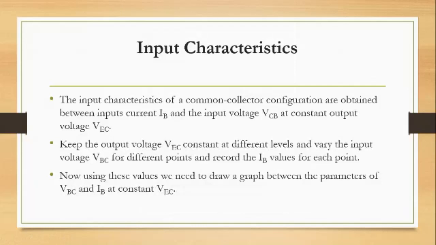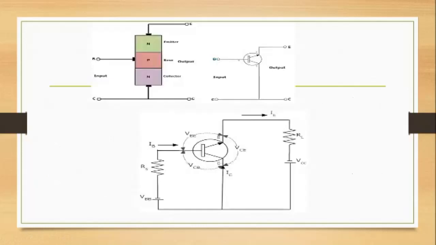IB and VCB: these two values are varied. Vary VCB and note down the IB current. For getting input characteristics, VEC is constant. With the help of VCB, the current readings are taken.